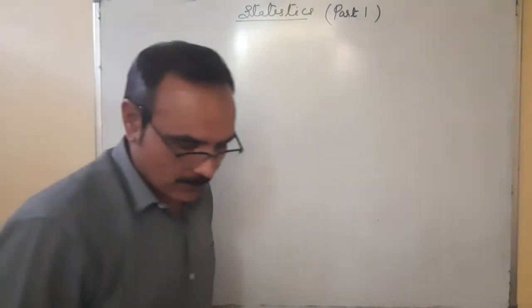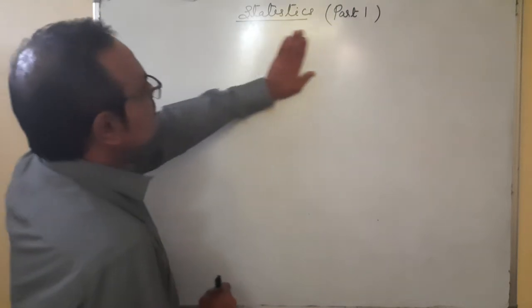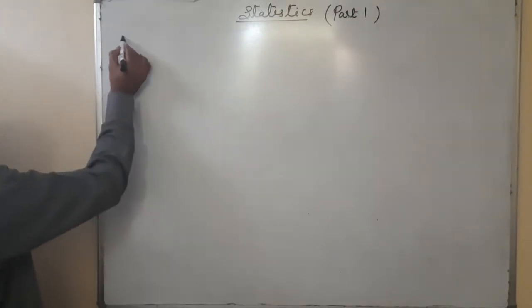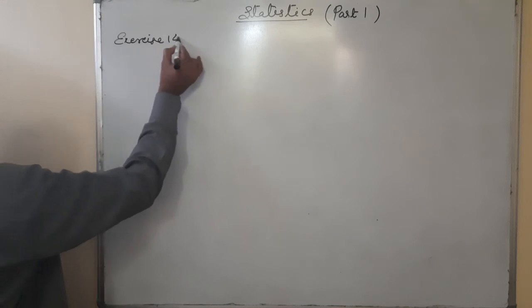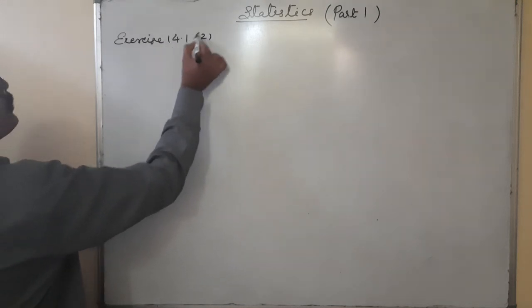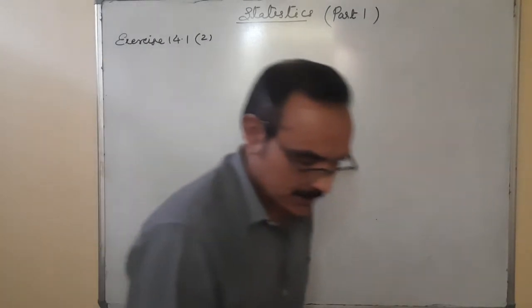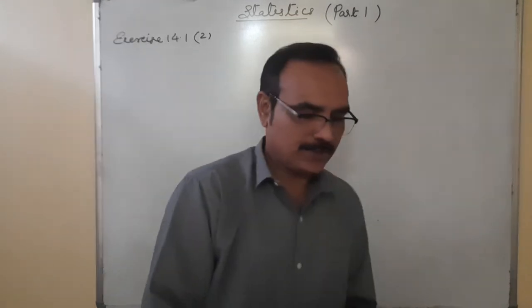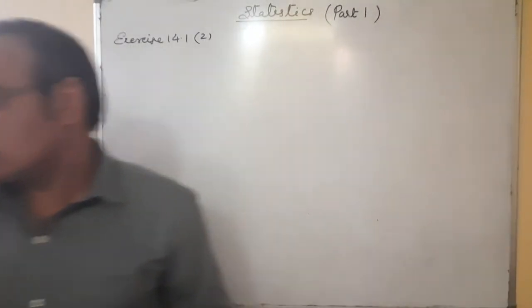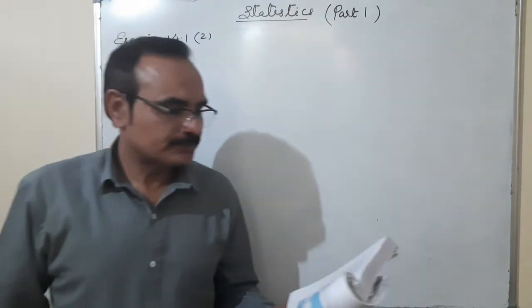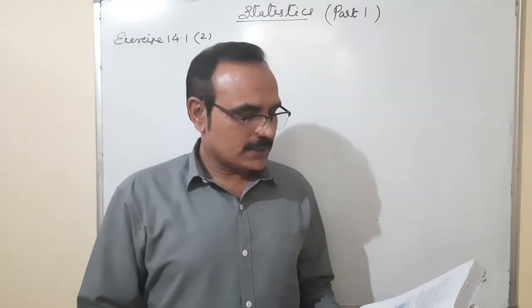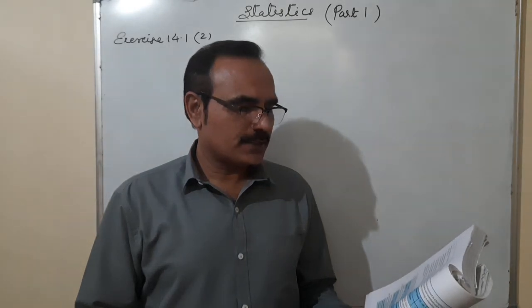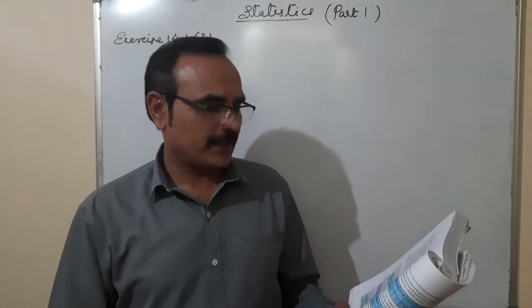Exercise 14.1, question number 2. One is a very simple question. The second question is: consider the following distribution of the daily wages of 50 workers of a factory.